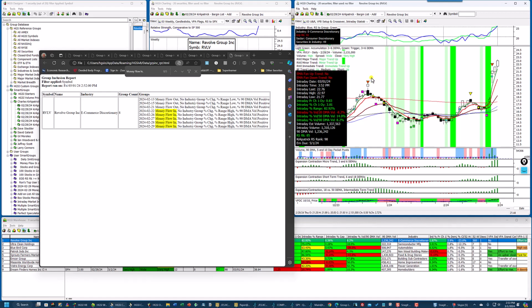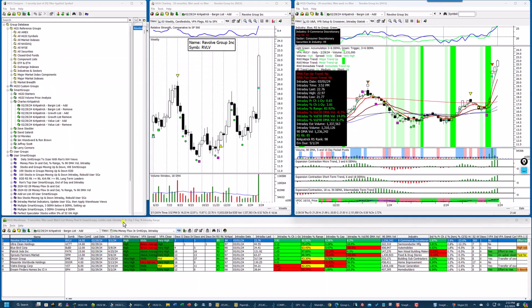So what I'm showing you here is that these stocks, or many of them, show up multiple times in the money flow groups, and they will be showing up in that big list of stocks, and then you can leave this money flow in smart groups 4A in place, and then you can just click on any of these other groups, any group you want to.